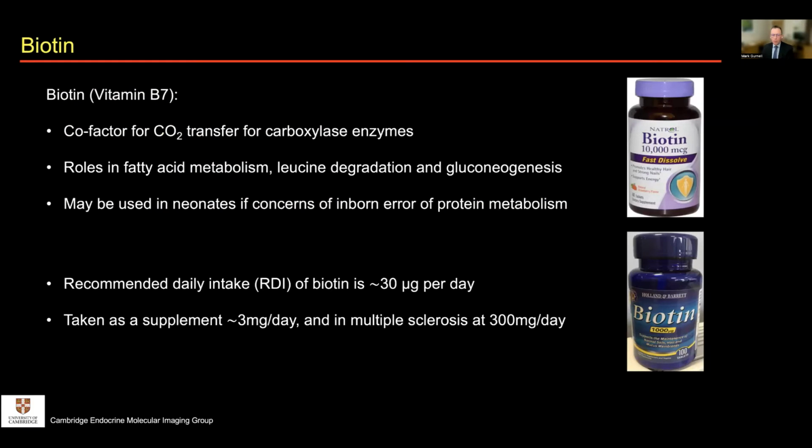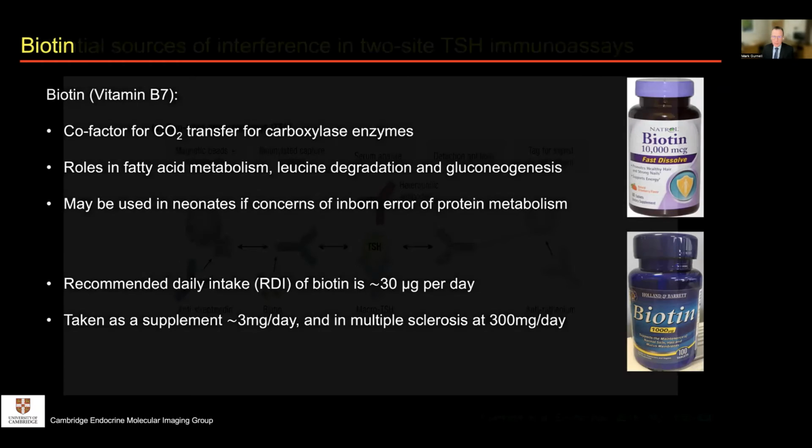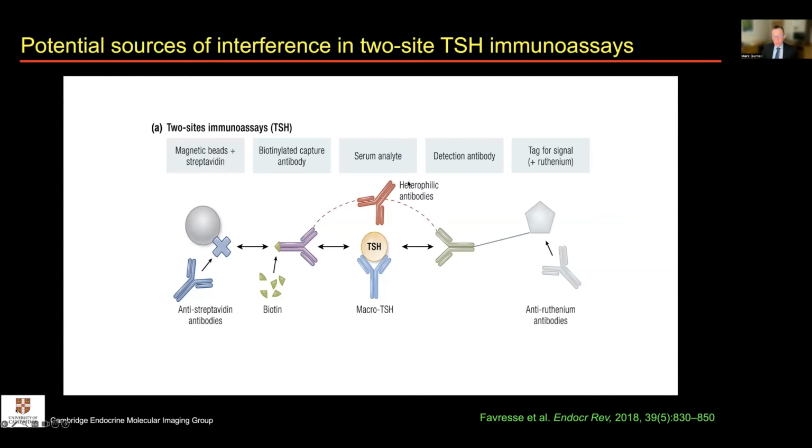Just a word for a moment about biotin. Biotin is both used as a healthcare product, but it's also used in medicine, for example, to treat inborn errors of metabolism, or also, for example, in some patients with multiple sclerosis. However, as well as the other forms of assay interference that I've shown you, such as heterophilic antibodies or macro TSH, it's also worth checking whether the assay that you're using depends on the formation of the streptavidin biotin complex to fix the immunoglobulin to which the analyte is binding to the bead, for example, in this case.